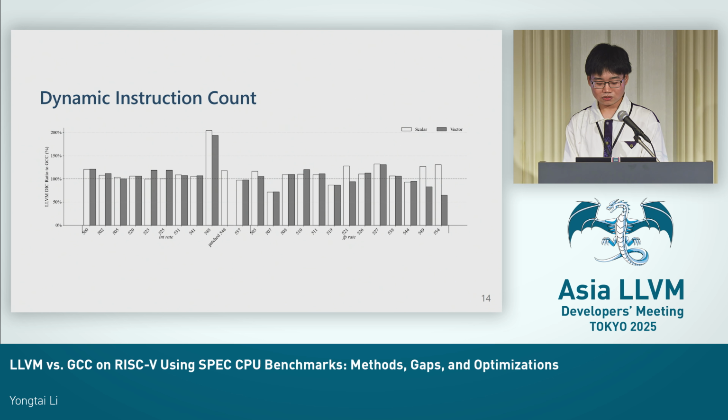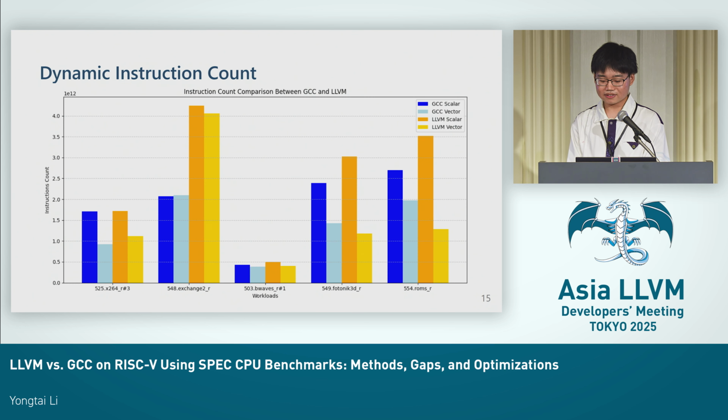It's not difficult to see that for integer benchmarks, except for 548, LLVM and GCC have small differences, though LLVM often has a higher dynamic instruction count than GCC. However, for floating-point rate benchmarks, the situation differs. For some benchmarks on the scalar target, LLVM performs worse than GCC, but on the vector target, LLVM outperforms GCC.